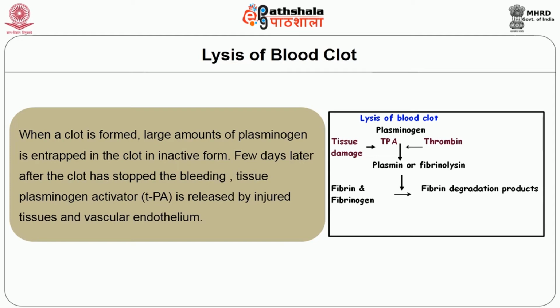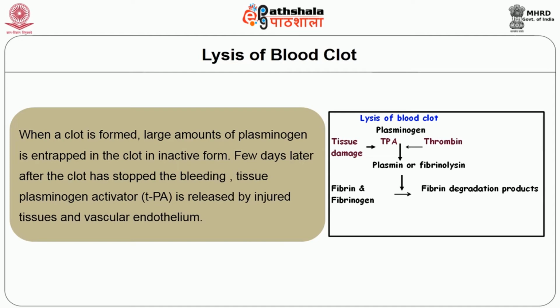Now, this plasminogen is activated and it is converted into plasmin. So, what is the function of this plasmin? So, this plasmin will digest the fibrin fibers, the fibrinogen, prothrombin, and factors 5, 7 and 12. Thus, the clot lyses. So, that is about the mechanism of hemostasis.